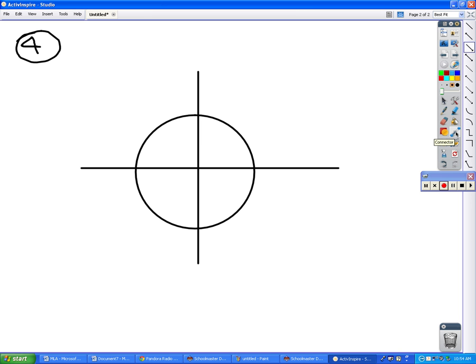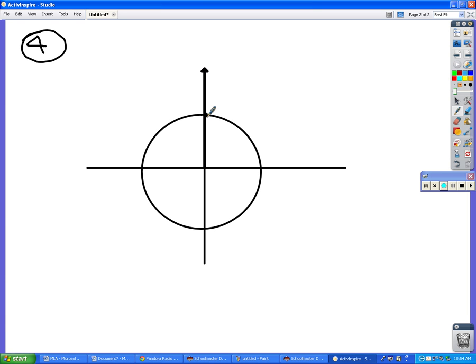Okay, so where is -3 pi over 2? I have to go around in the negative direction, right? Pi over 2, pi, 3 pi over 2. So the point is right here. What are the coordinates of that point? 0, 1.